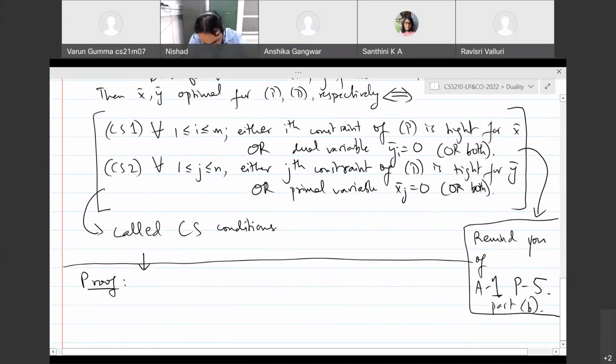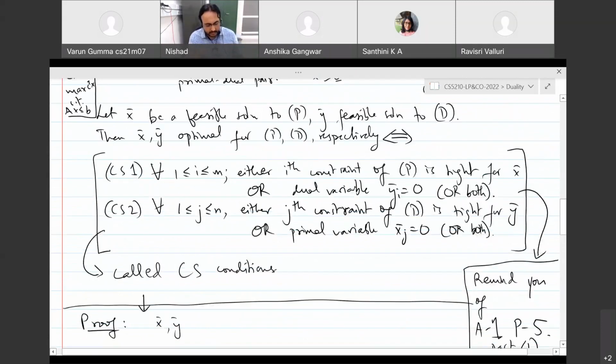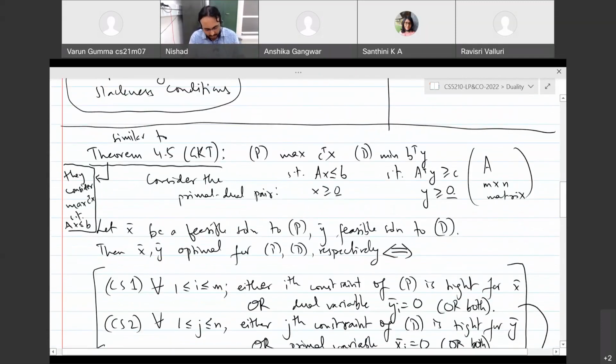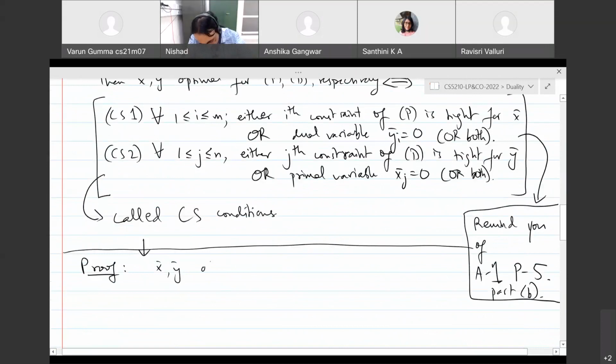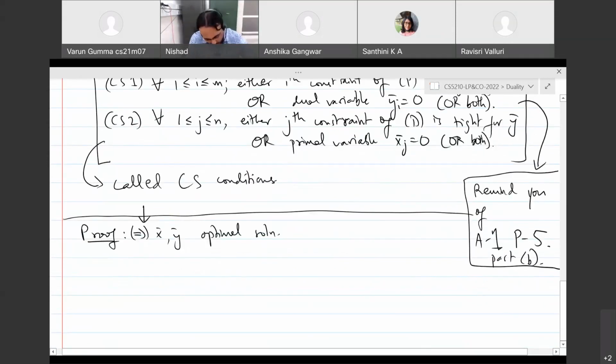Okay, so let's say we are given x bar and y bar. They are feasible solutions, but let's assume that they are optimal solutions. So we are proving the forward direction. What can you tell by strong duality?